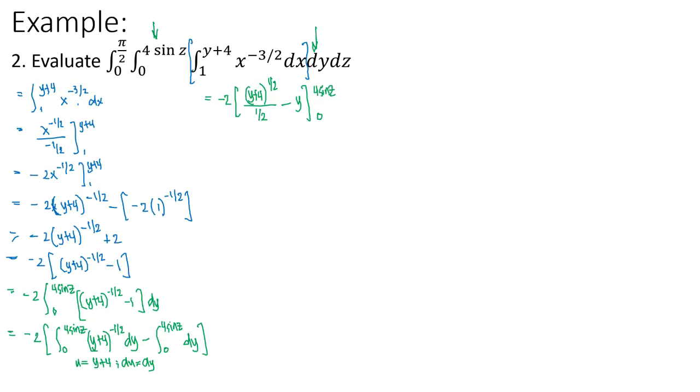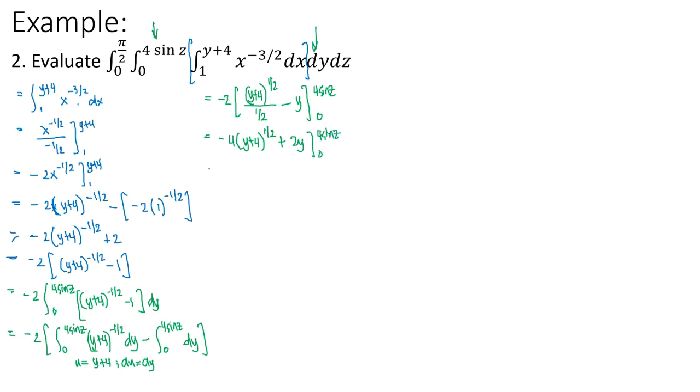Okay, so if we distribute negative 2, this would become negative 4 of y plus 4 raised to 1 half. This would become positive 2y from 0 to 4 sine z.